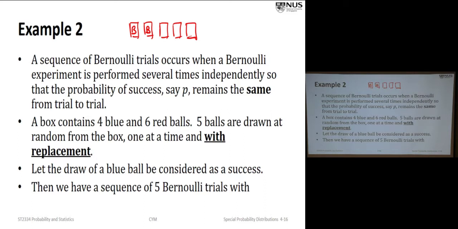Maybe the third one is also a blue ball, and the fourth one may be a red ball, and the last one may be a red ball. So this is one possible outcome of all the 5 trials or 5 draws.